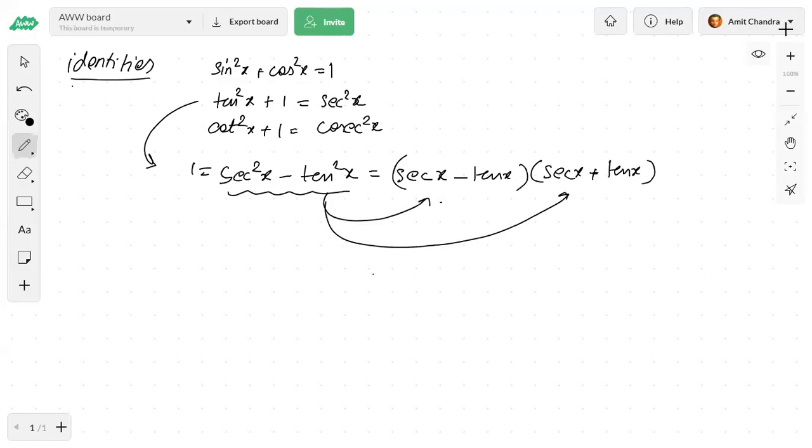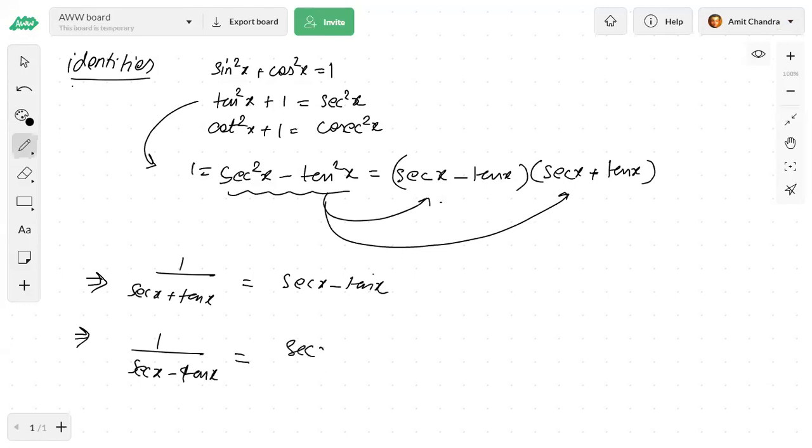If I take this factor in the denominator, then I can write 1 by sec x plus tan x is equal to sec x minus tan x. Or if I take the other in the denominator, I get 1 upon sec x minus tan x is equal to sec x plus tan x.